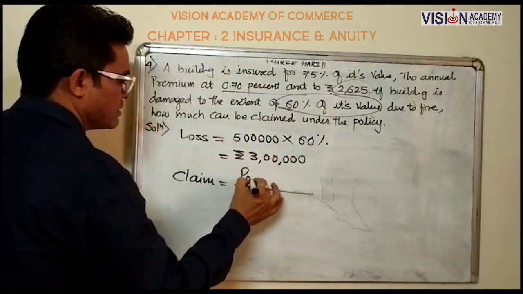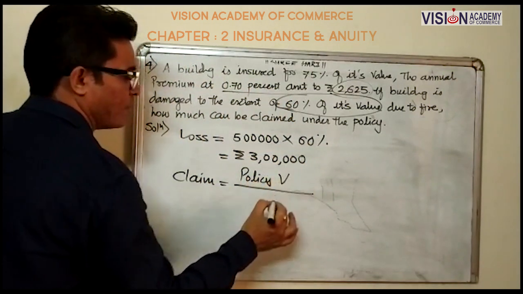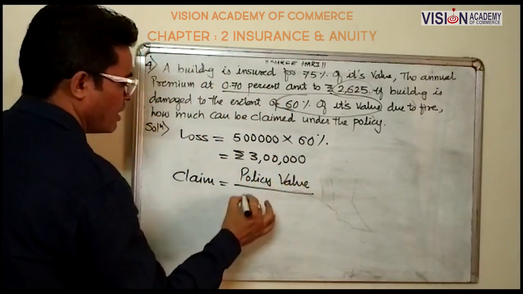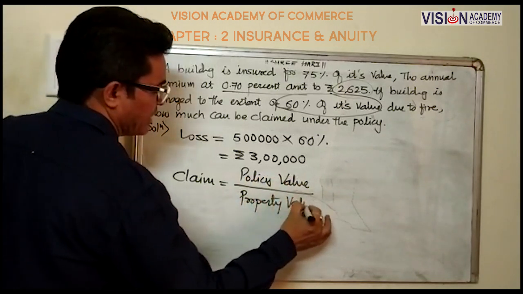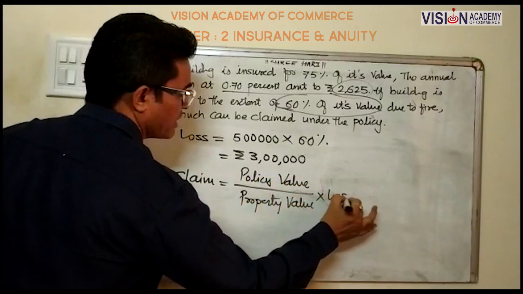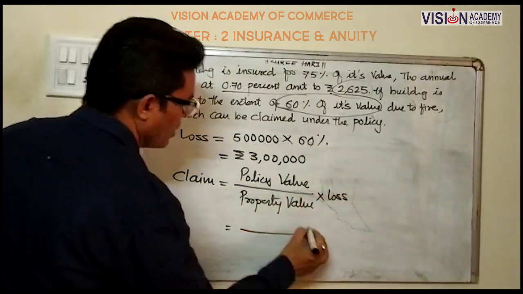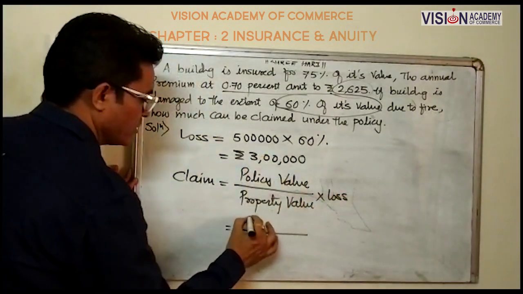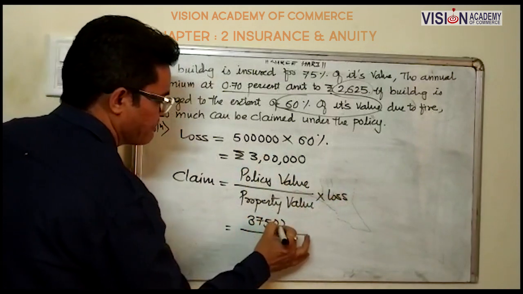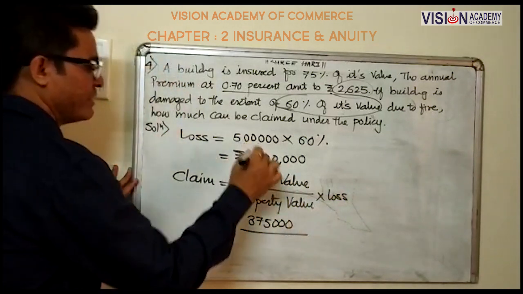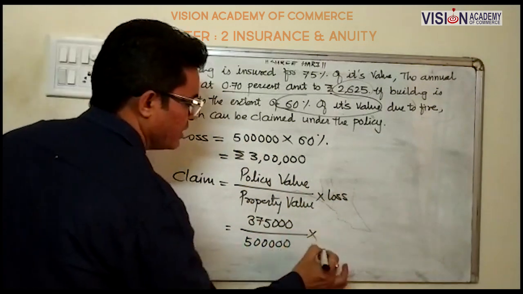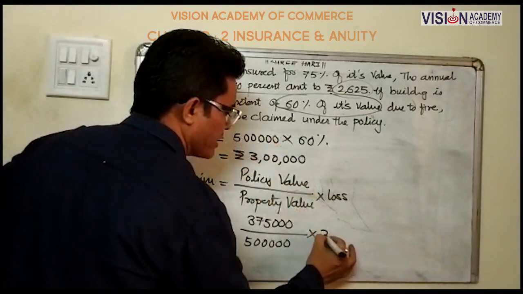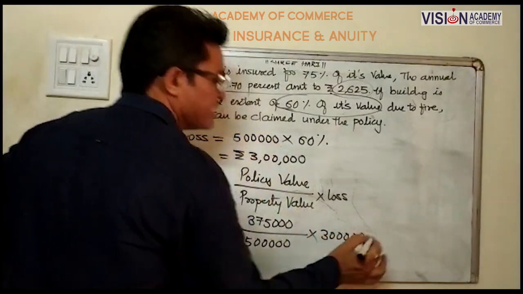Claim is the calculation of policy value upon property value into loss. Policy value 3 lakhs 75,000, property value 5 lakhs, into the loss amount of rupees 3 lakhs.